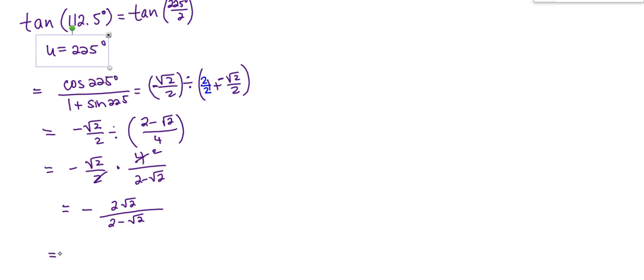If we had done it the other way, it would have come out to be positive 2 minus square root of 2 over 2 minus square root of 2. Sorry, I'm thinking out loud.